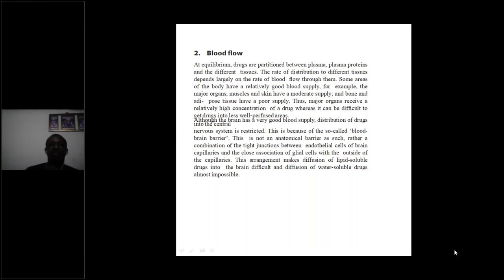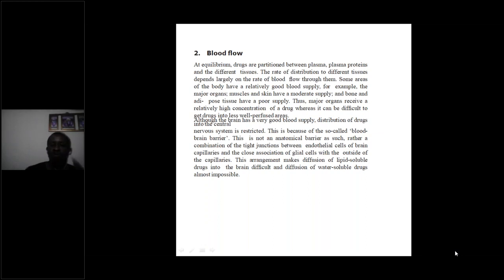So, for example, the major organs like the muscle and the skin have a moderate supply, and the bones and adipose tissue have poor supply. Adipose tissue, the oily layers of the skin, has poor supply.